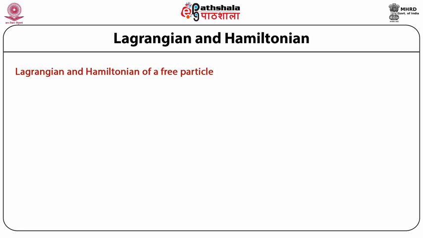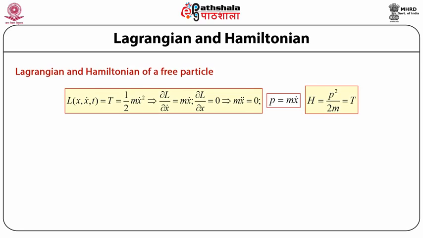If T is the kinetic energy of the particle, its Lagrangian is given by L(x, x dot, t) equals T, which equals half m x dot square, which implies del L by del x dot is equal to m x dot, and del L by del x equals 0, which implies m x double dot equals 0. This is the equation of a free particle moving along the x direction.